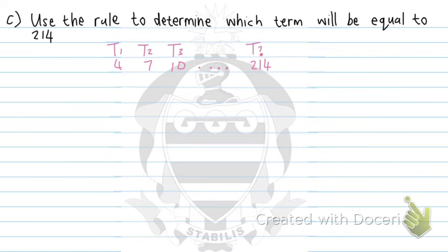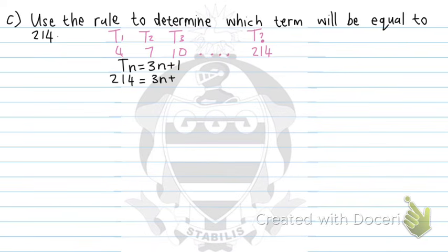I will write down the rule first: Tn is equal to 3n plus 1. Then, in the place of Tn, I will put the answer that they gave me, 214. So 214 is equal to 3n plus 1.